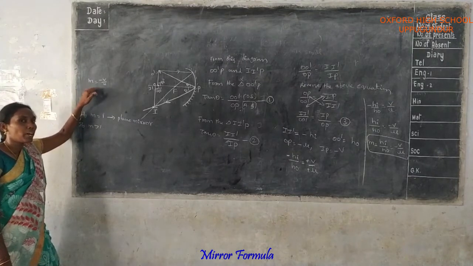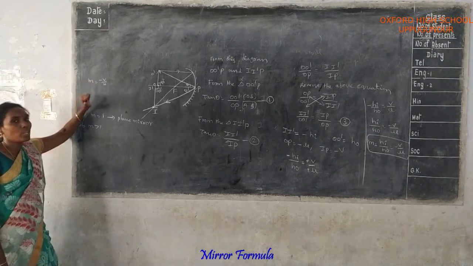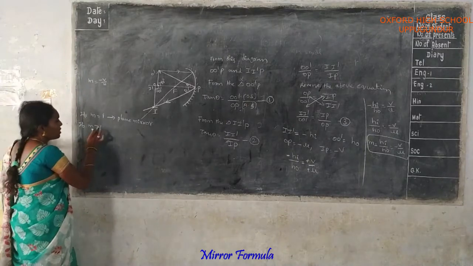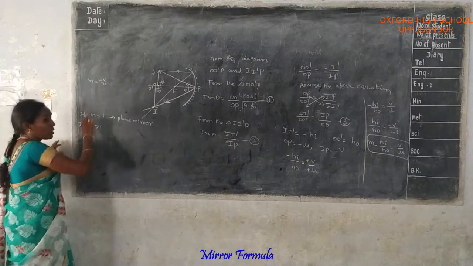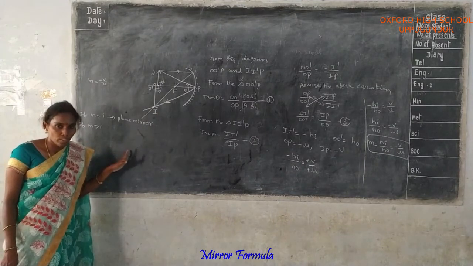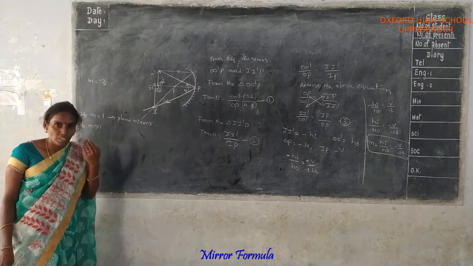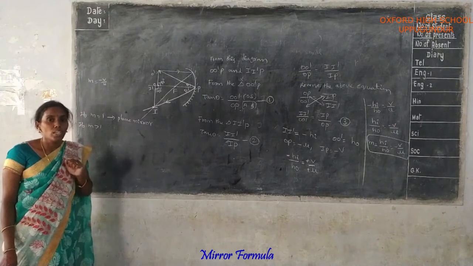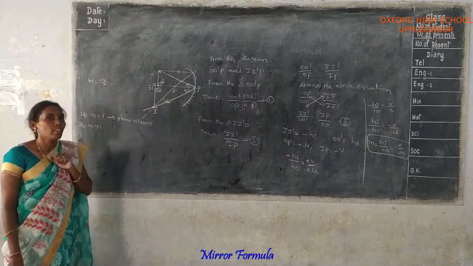That's why the magnification is always less than 1, only in the case of a convex mirror.